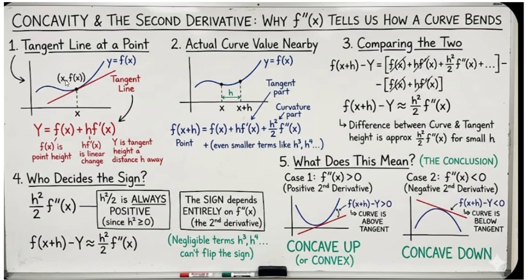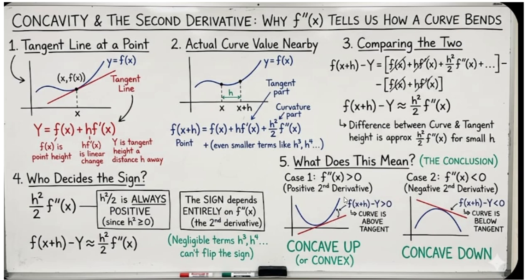In order to say whether the curve is concave or convex at a particular point, how can we tell that? Suppose they give the curve and a point x comma y, and they ask us to find out whether the curve is concave up or concave down.